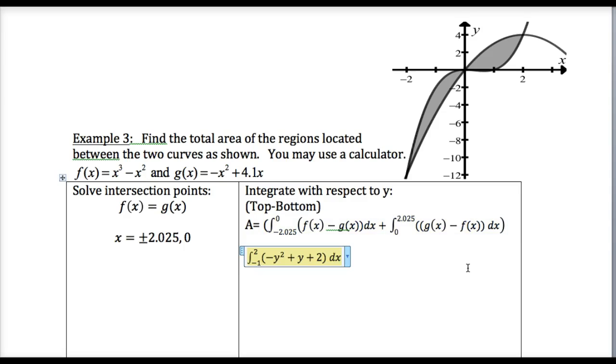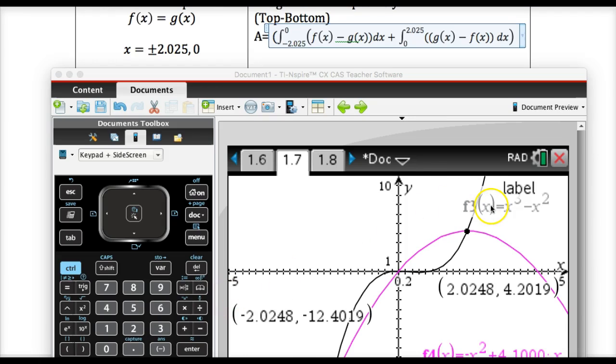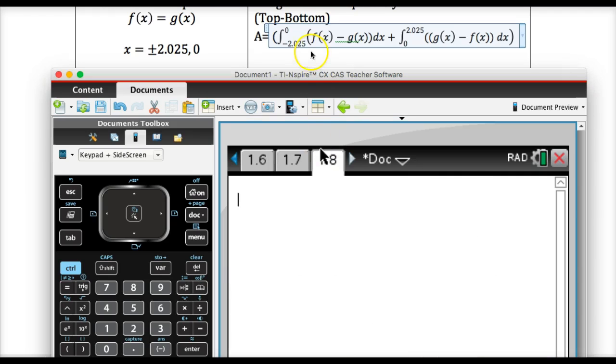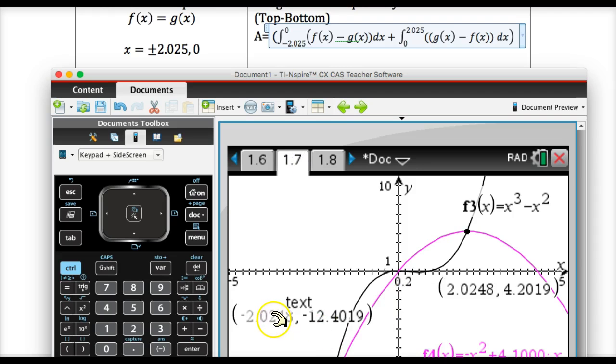And if I keep on doing this, now what's nice is that I have f3, which is my f of x, and f4, which is my g of x, already in my calculator. So I can go to a calculator page, and I can just type this stuff in. Now also what I can do is copy this value. So I'm going to go over the top of it and copy it.